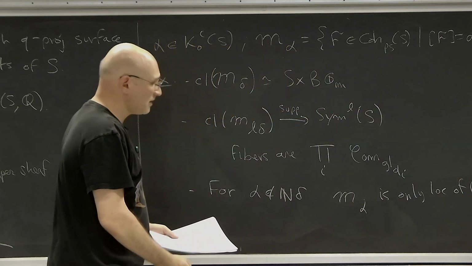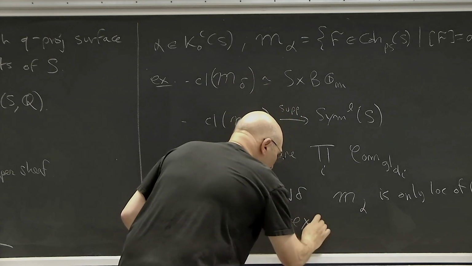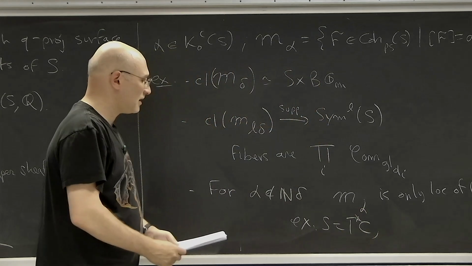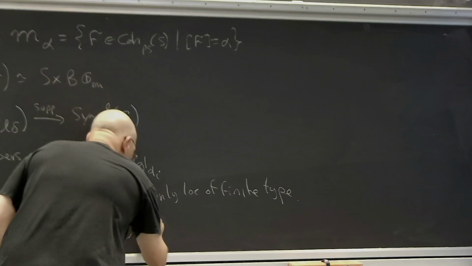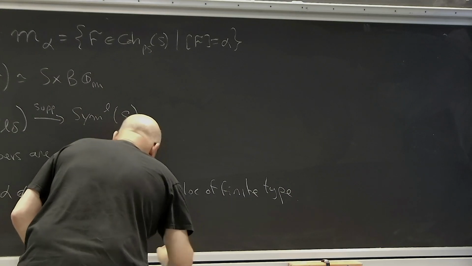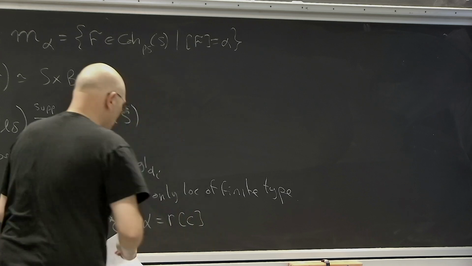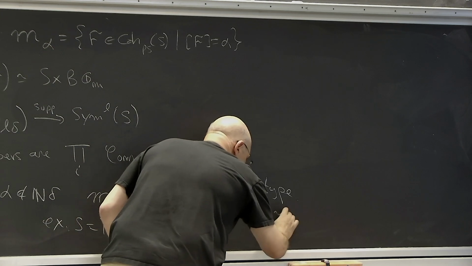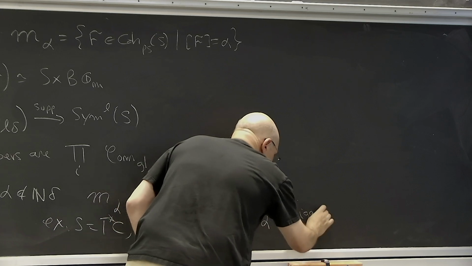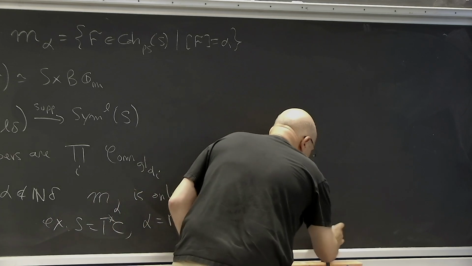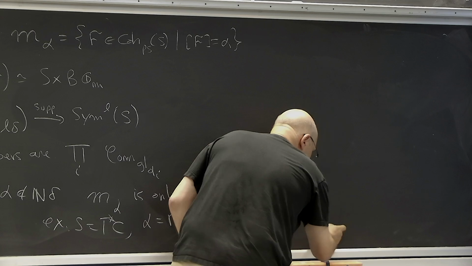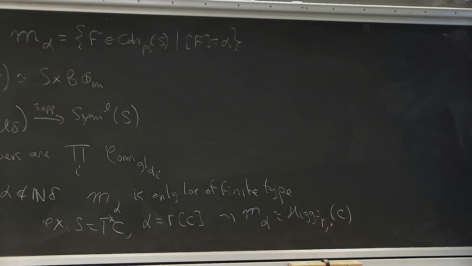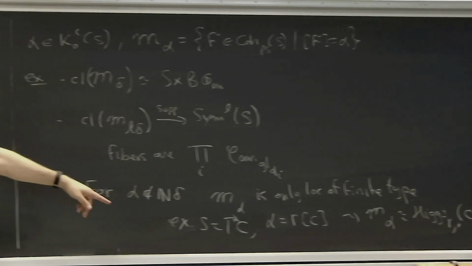So for instance, if you take the surface S to be T star of C, and you take alpha to be, I don't know, R times the class of the curve, then this M alpha is some moduli stack of Higgs bundles of rank R, and maybe the degree is something, over C. So these stacks can be quite huge.